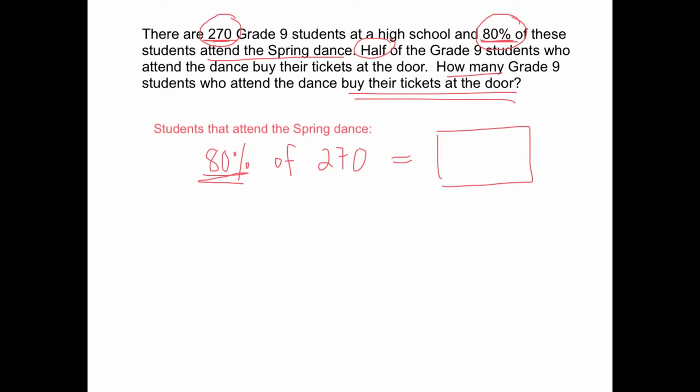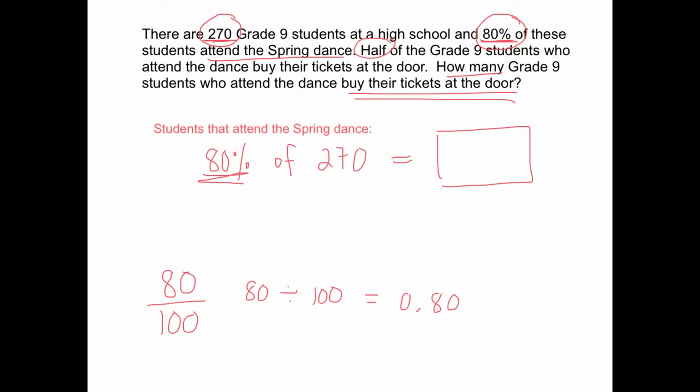Well, think about what percent means. Percent means out of 100. So if I have 80%, I have 80 out of 100. Do you remember how to turn a fraction into a decimal? We would take the number 80 and divide it by 100. 80 divided by 100 gives us 0.80.